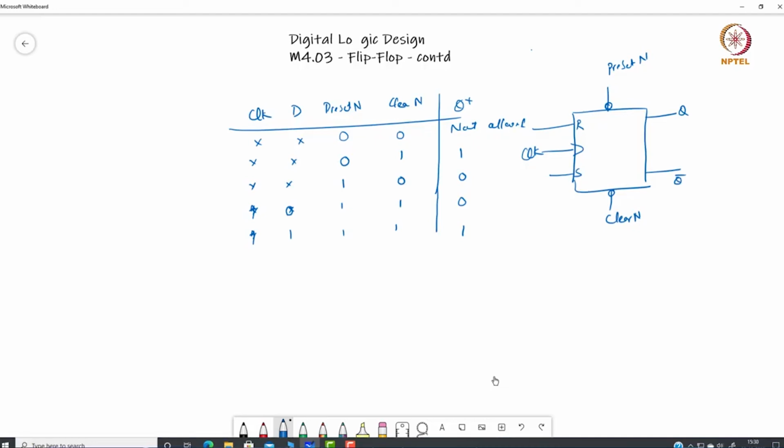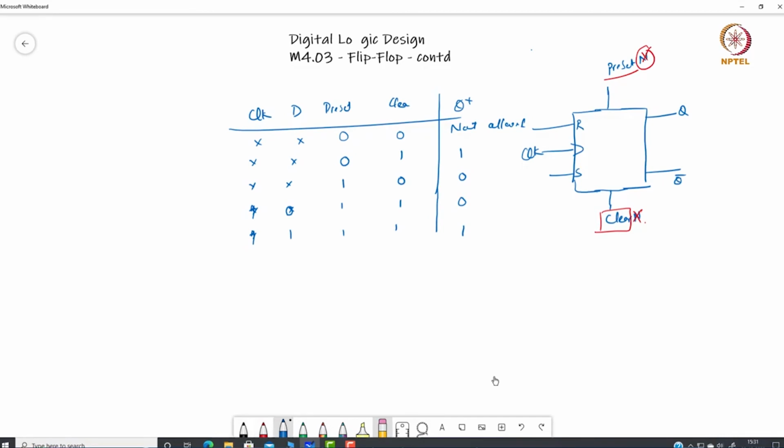If the circle is not there, then it is only preset and clear, without the N. So we can reconstruct this: without the circle, these are preset and clear.